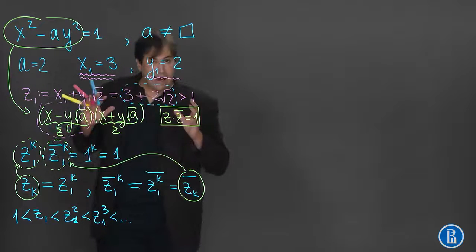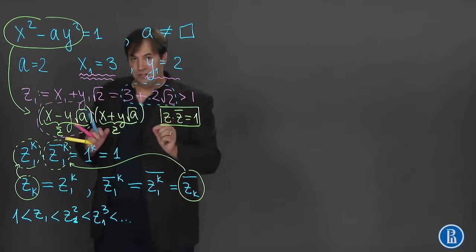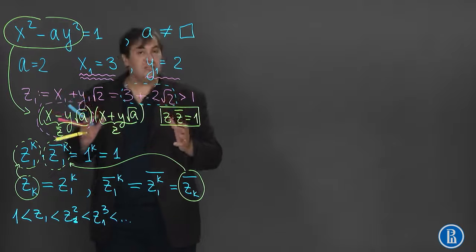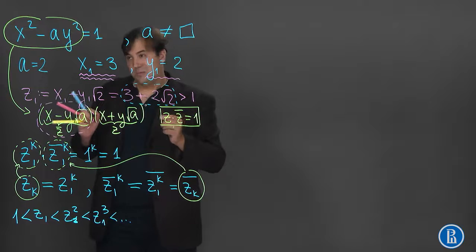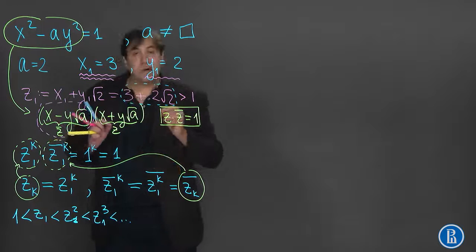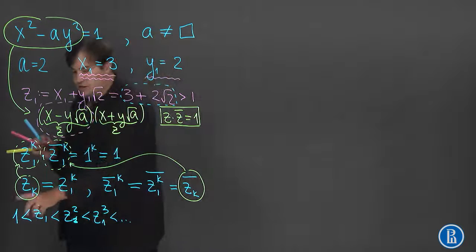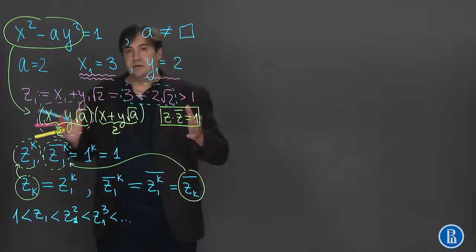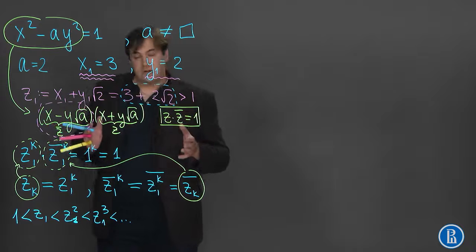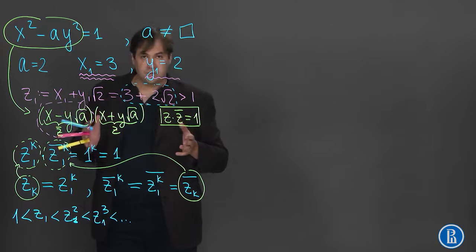Understanding all that, now I would like to specify our question. The question is the following. Are there solutions of the Pell's equation greater than 1 other than those written here in this geometric progression? So the proposition is that there are no such solutions. And now I am going to prove this.